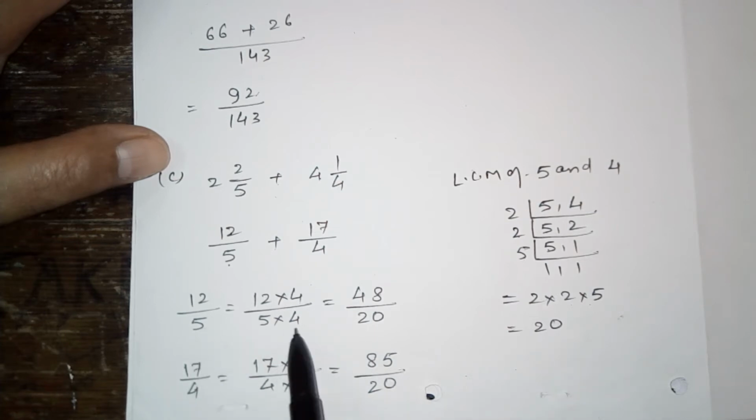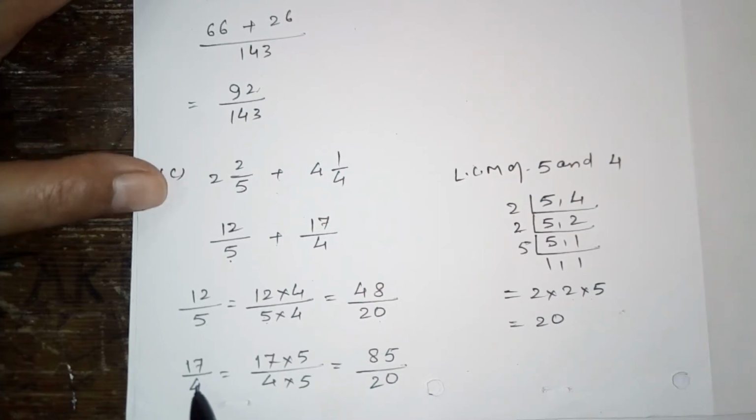So 5 is converted to 20. How? In numerator and denominator multiplied by 4. So 12 4s are 48, 5 4s are 20. 12 upon 5 converted to 48 upon 20.